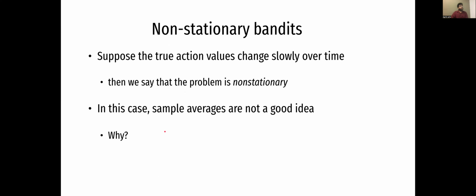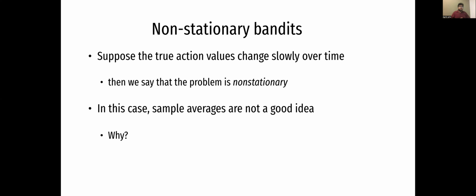Now we will learn about a new thing, non-stationary bandits. In a non-stationary bandit problem, the true action values change over time. This means the probability of receiving a reward from a given action, here action you can say arm, is not fixed and can change slowly or abruptly during the decision making process.